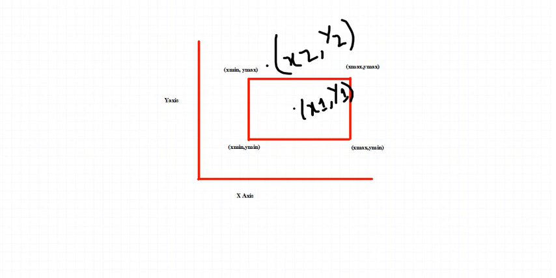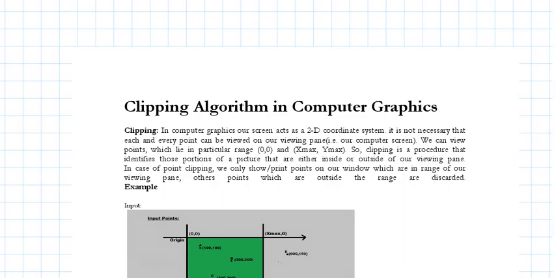So just try to figure out among these 2 points, the point x1, y1 and point x2, y2, which will be visible to your viewing window if the entire coordinate system is your world. Just give it a thought and let me come back to our clipping algorithms.